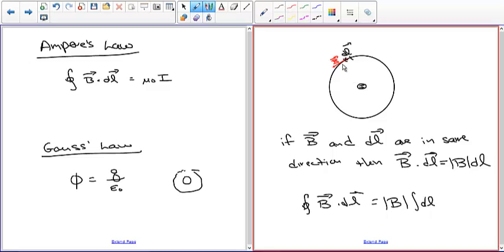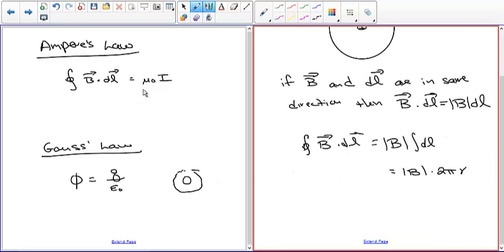And if you go around a circle, what is the total distance that you travel? It's the circumference. So dl integrated around the circle is just 2 pi times r.